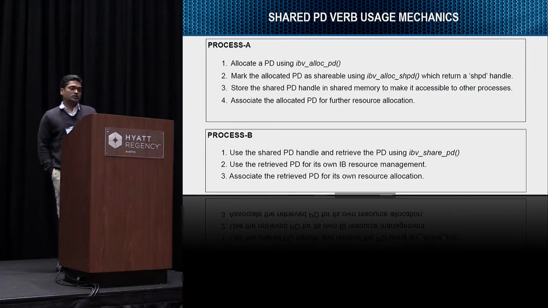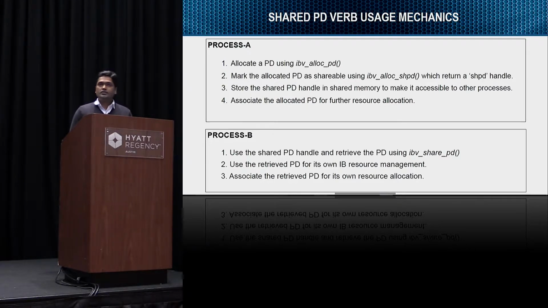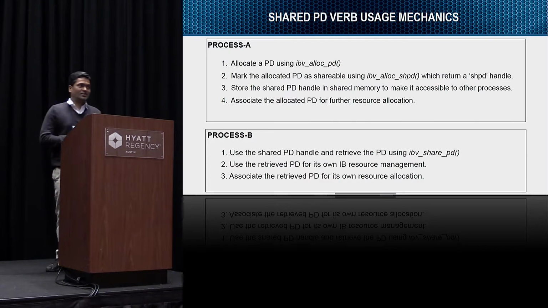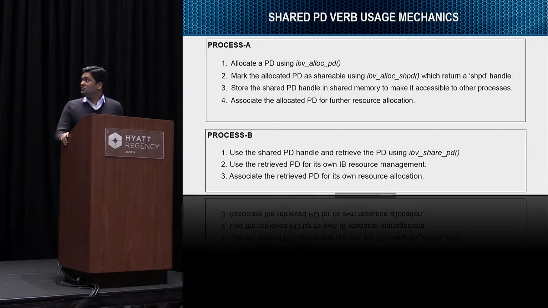Drilling further down, just talking about the APIs, I had a slide with code, and Sumanta suggested that instead of code, I just have a very simplified slide, and I do agree it helps. So basically, the init process, or in this case, what the slide says is a process A, allocates a PD using IB alloc PD, and marks this allocated PD as shareable using a verb extension. We call it IB alloc shared PD.